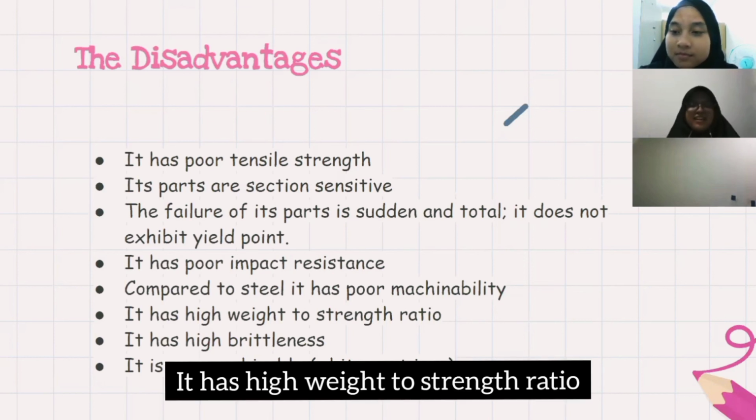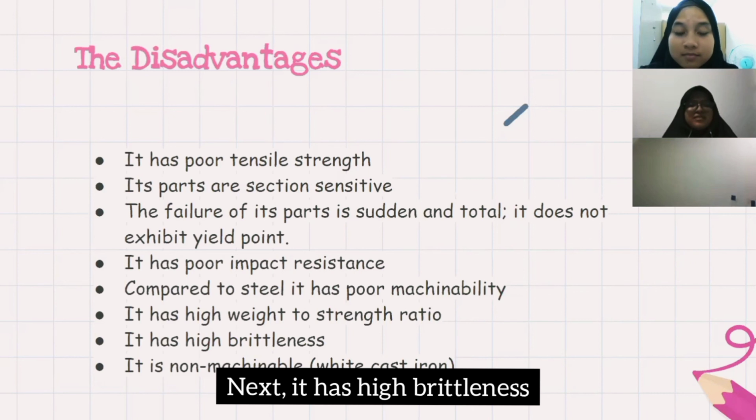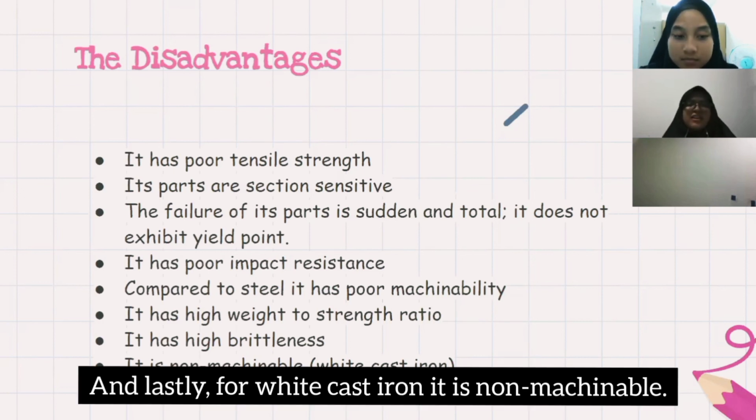It has a high weight to strength ratio. Next, it has high brittleness because, as mentioned before, the larger the carbon content, the higher the brittleness. And lastly, for white cast iron, it is non-machinable.